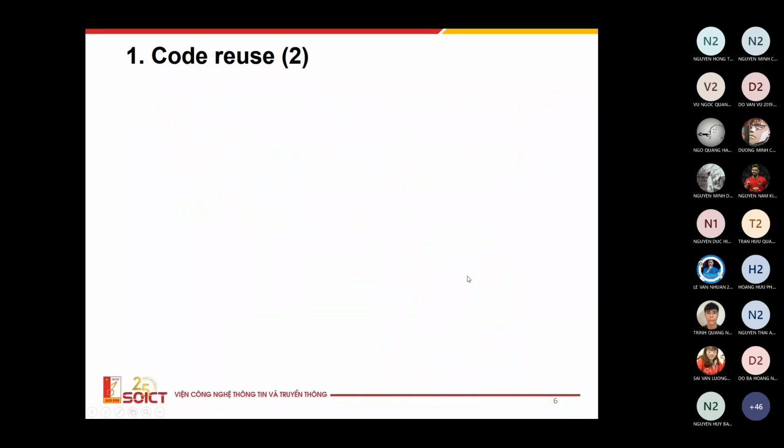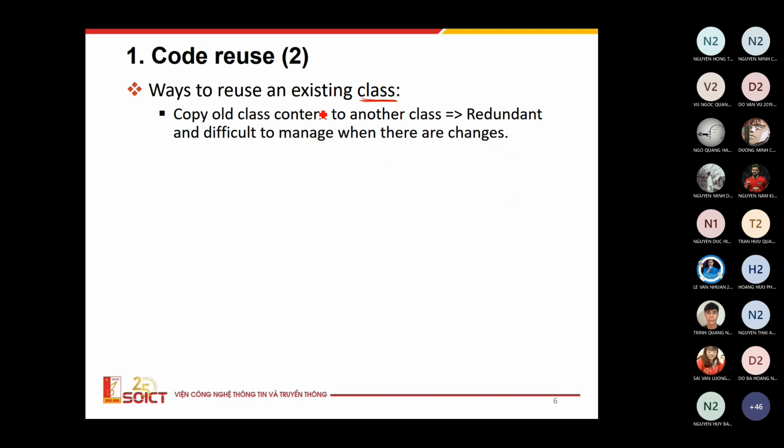So there are some ways to reuse code in OOP. Reusing a method is the same as reusing a function or procedure. And for a class, how can we reuse an existing class? Firstly, we can copy the old class content into another class.